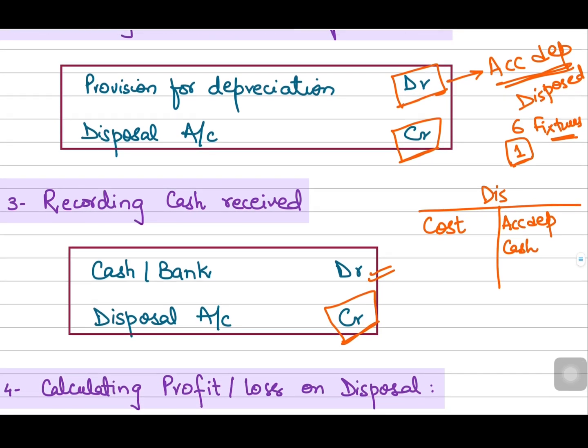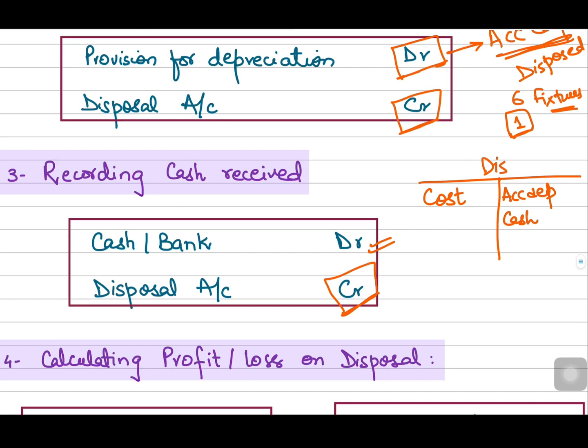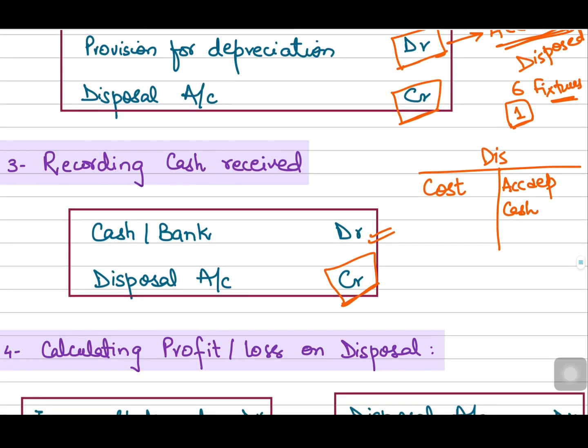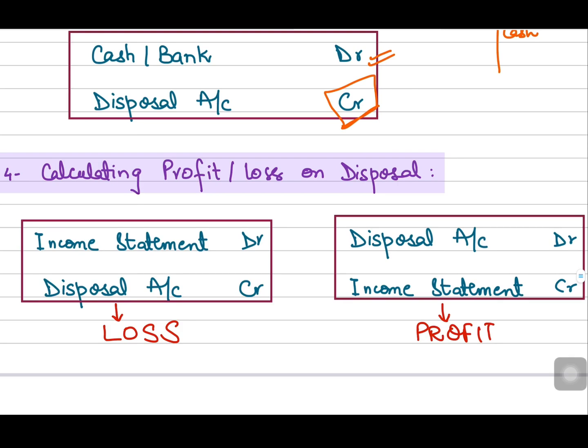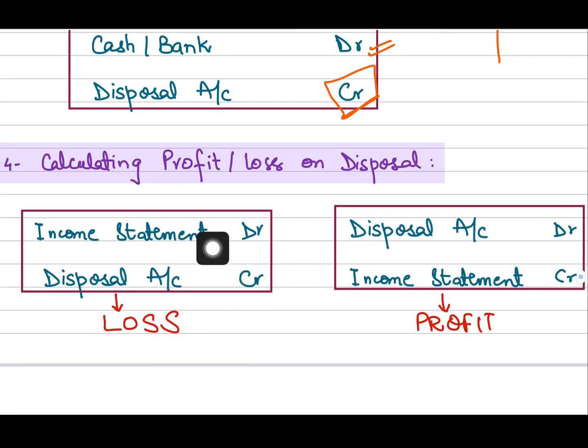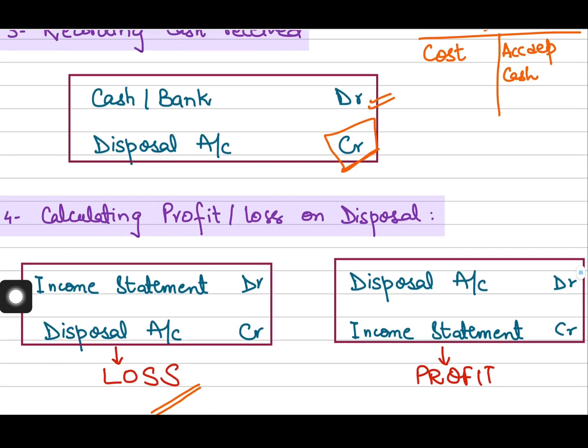Lastly, we have to calculate whether there is a profit or loss on disposal. So, if there is a loss on disposal, now again we know that all the expenses, all the losses are debited in the income statement. So, if you just know this, that the income statement will be debited if there is a loss, this means that the disposal account will be credited. What do I mean by this?